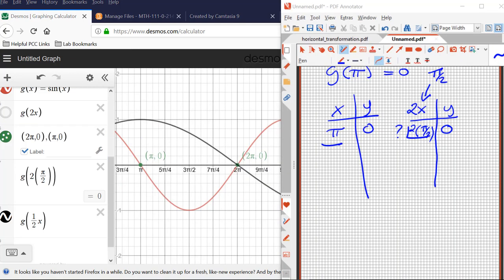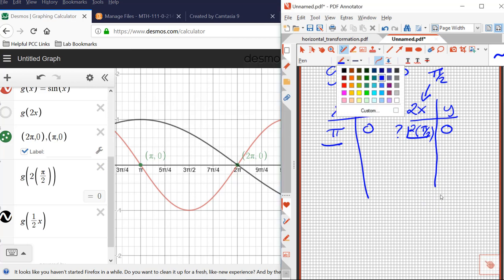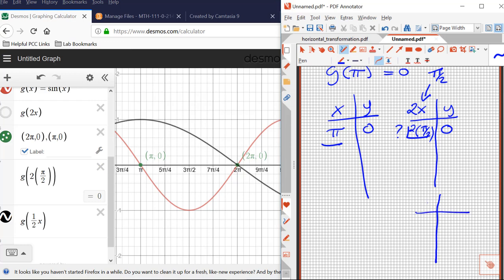If I use the same reasoning as before, again, pi used to give me 0, so what happens now when I consider half of x, and I still want that same output of 0? Well, what do I need to enter here to really, think of it this way, give me pi back out? When I compute it here, as soon as I get pi to come out of that calculation, the function will give me 0.